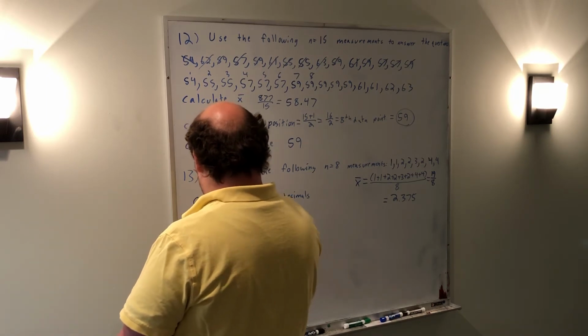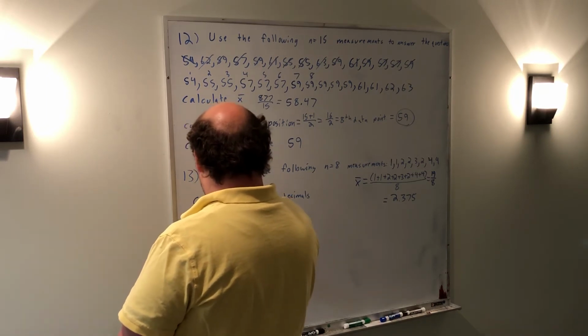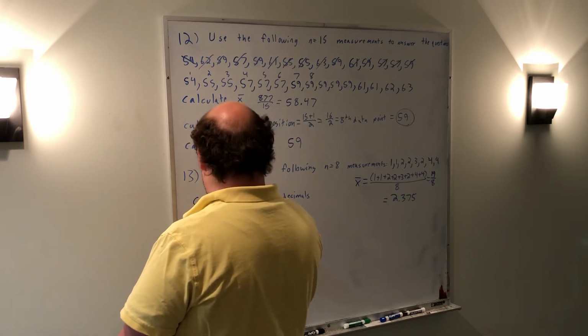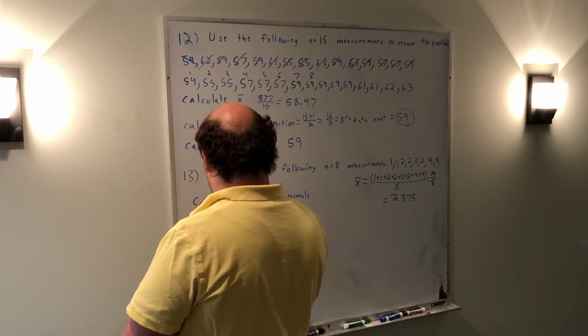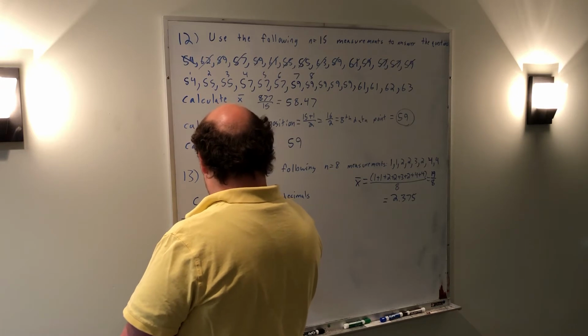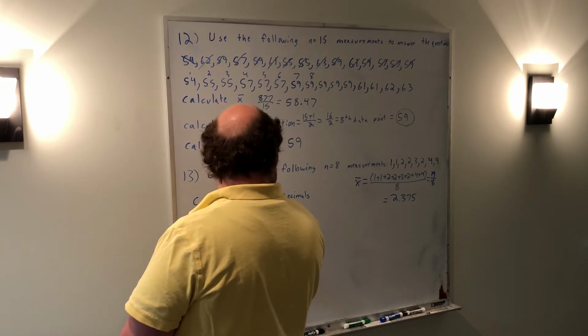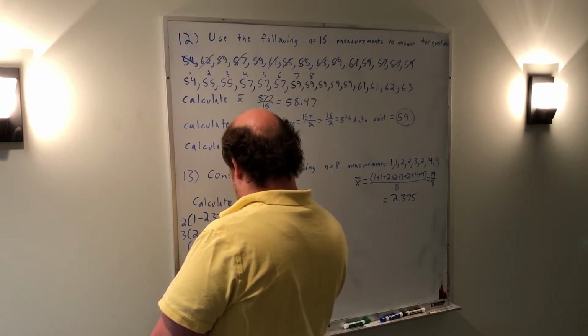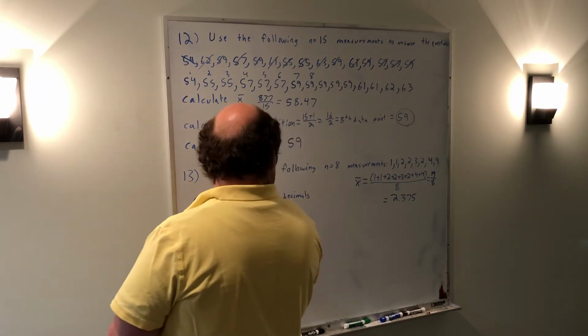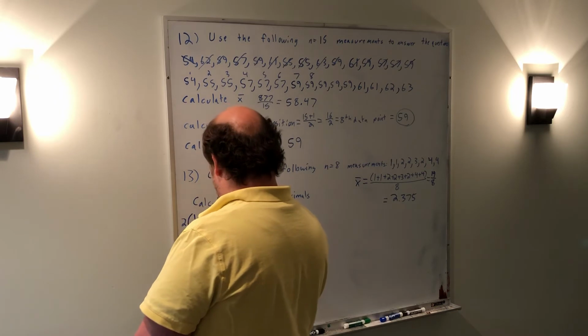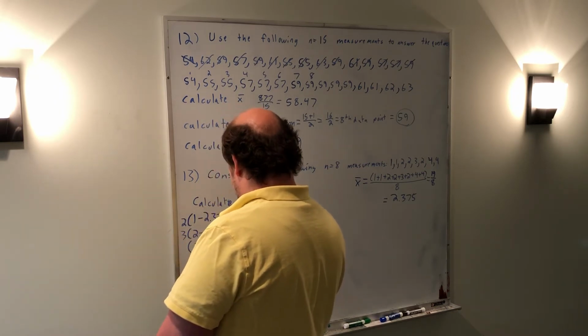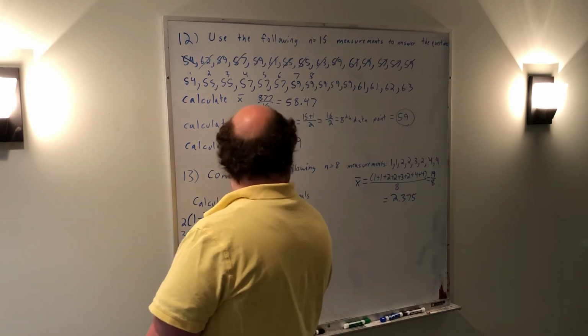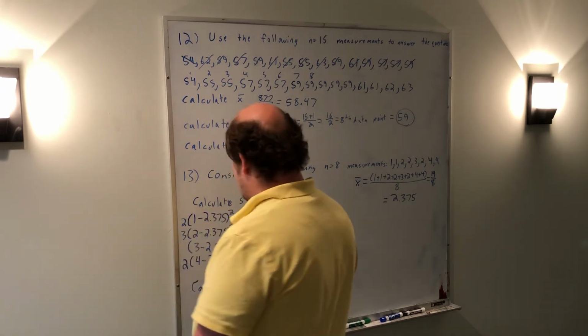I'm going to do this twice. Then I'm going to do 2 minus 2.375, square the result, do that 3 times. 3 minus 2.375, square the result. I only have one of those, and then 4 minus 2.375, square the result. I have 2 of those.